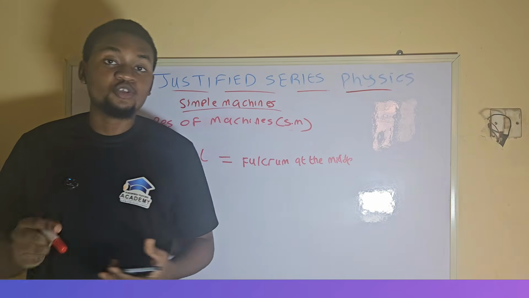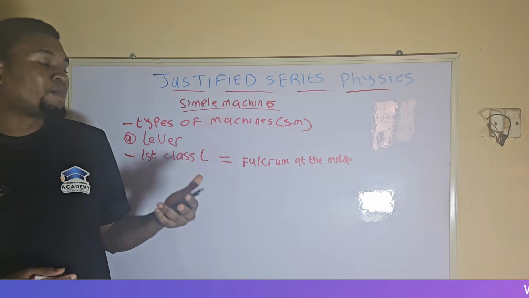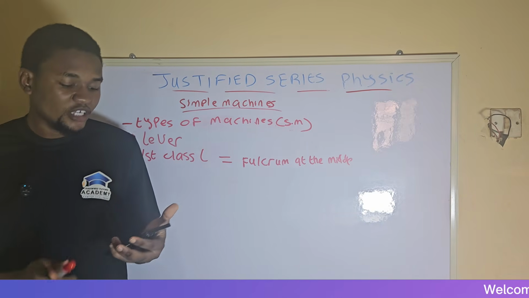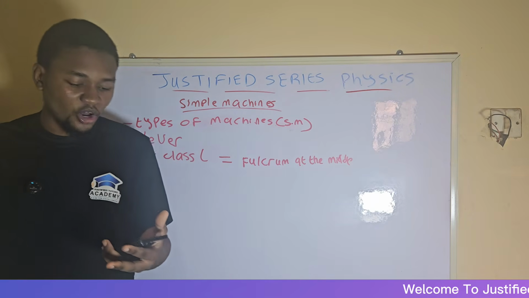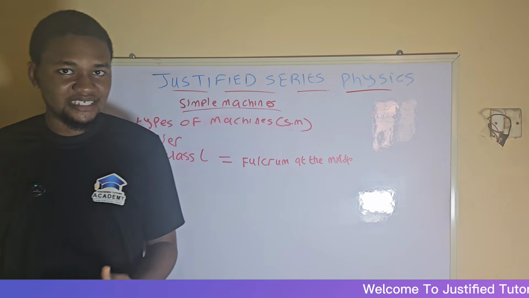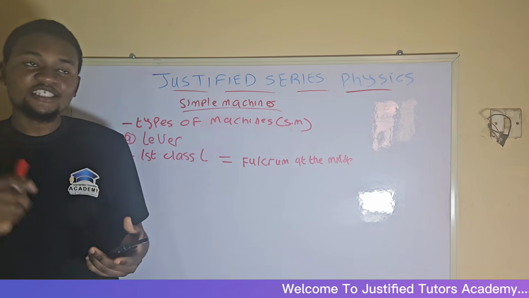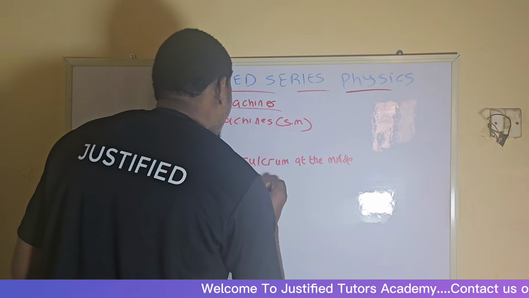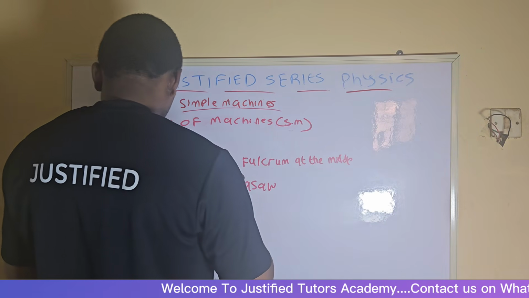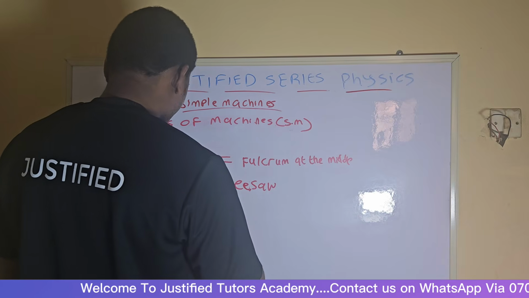And then a quick example of a first class lever. I would advise you go and do your research on more, but the ones I have here are seesaw, scissors, and pliers. Are you getting me? Seesaw is spelled S-E-E-S-A-W.